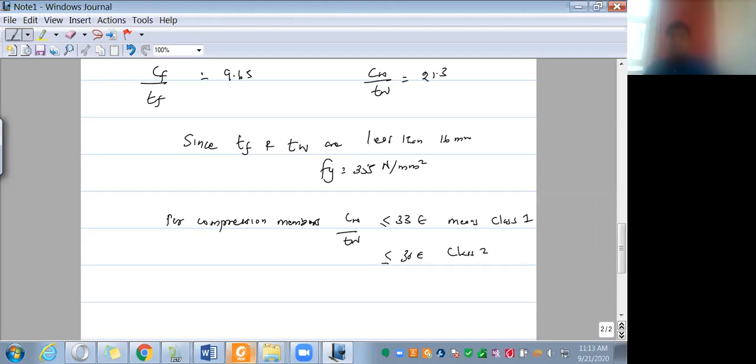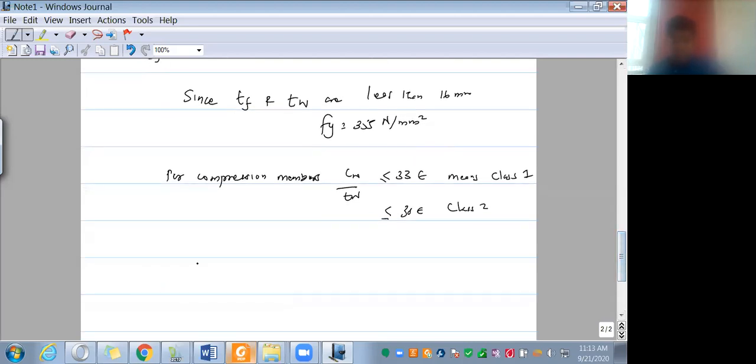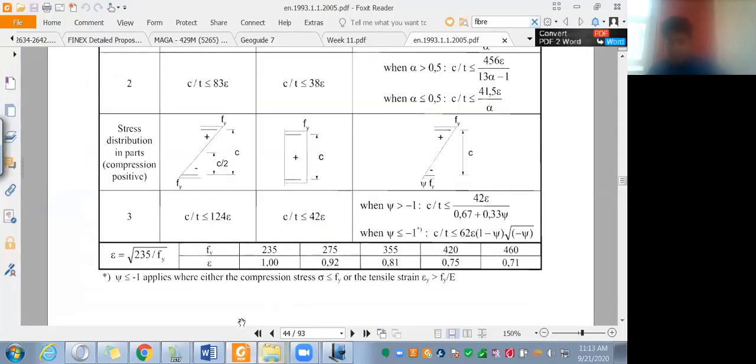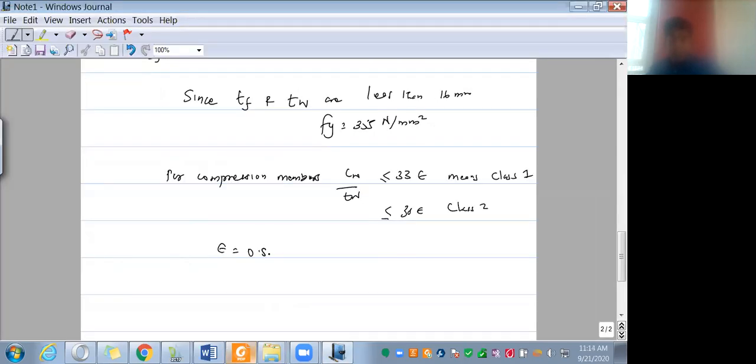So now we need to see whether it satisfies class 1. So epsilon, for 355 steel, is 0.81. Before we do that, 33 epsilon is how much? 33 into 0.81, that is 26.73.